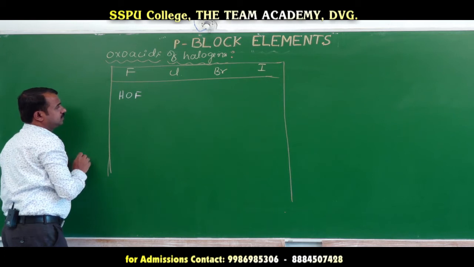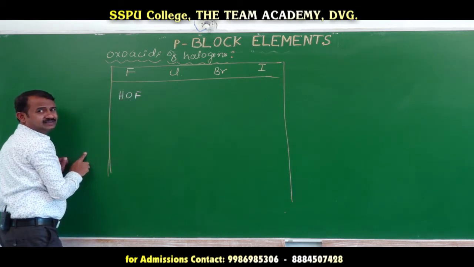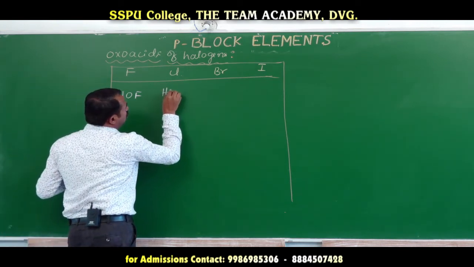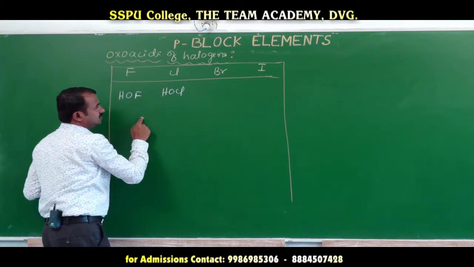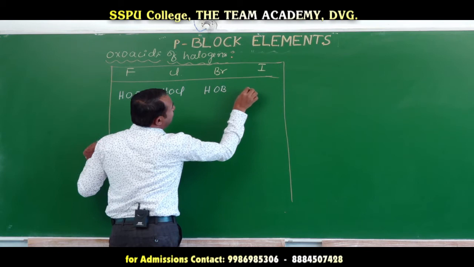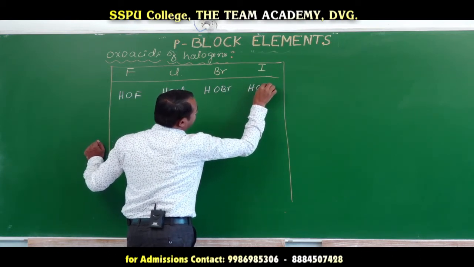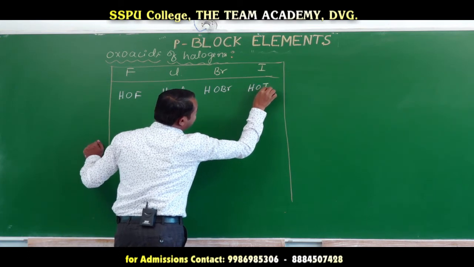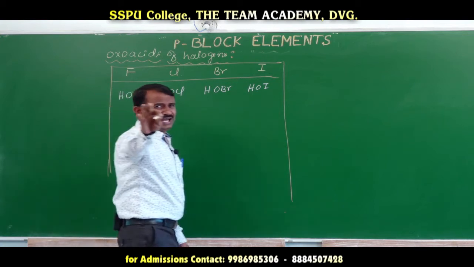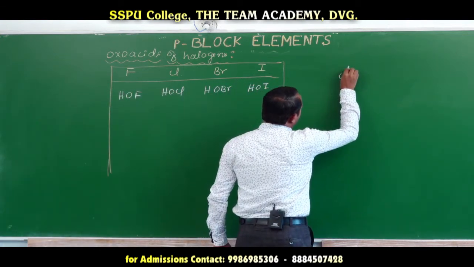For fluorine, HOF is hypofluorous acid. Then hypochlorous acid, hypobromous acid and hypoiodous acid. All the oxidation states in your syllabus are only for chlorine.